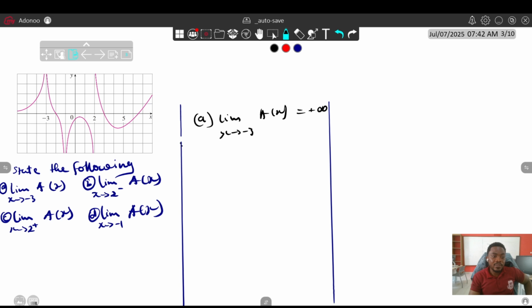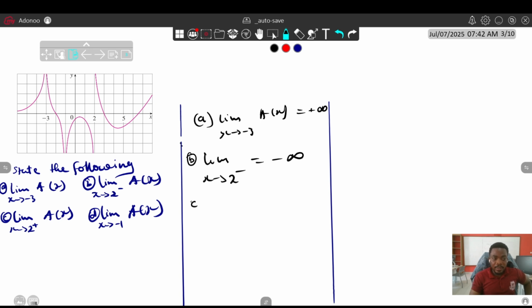Okay, so from the left, we have the values coming in from the left and moving down, down without ever meeting positive 2, right? So in that case, we say the limit as x approaches 2 from the left is negative infinity, because it keeps going down in the negative direction.